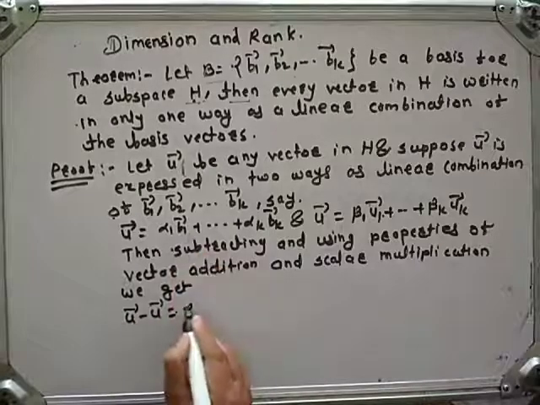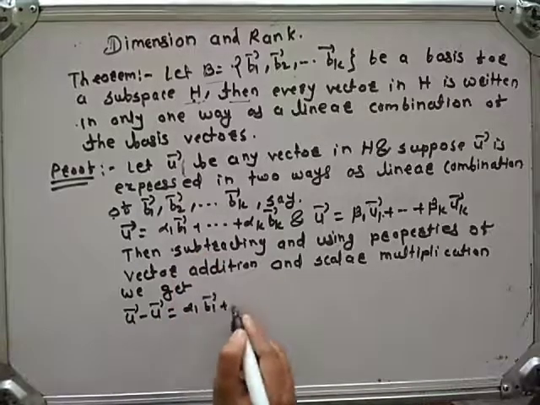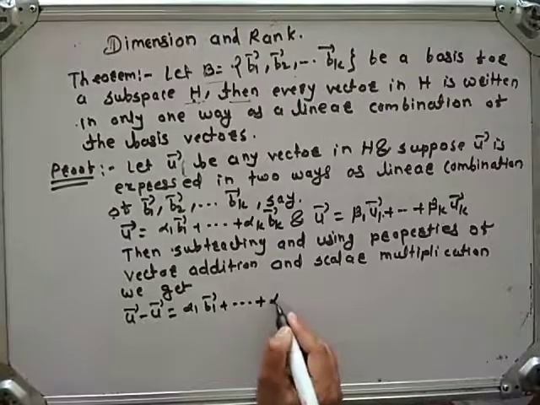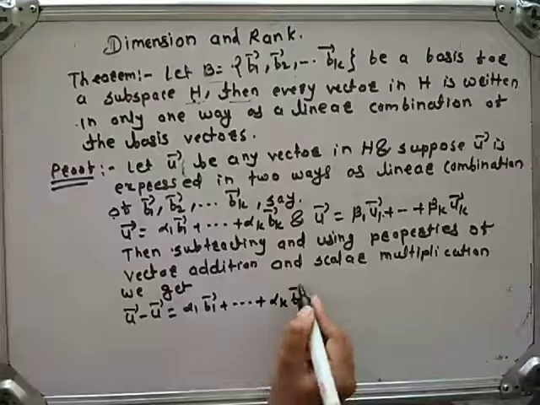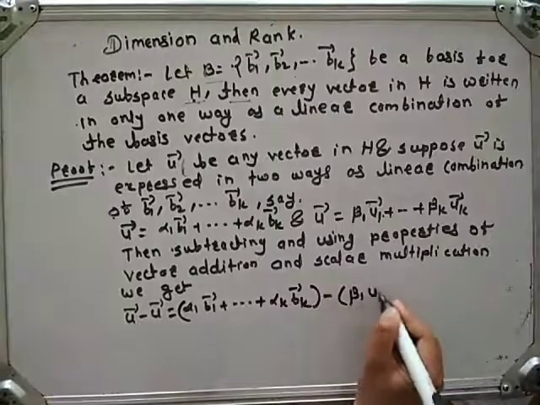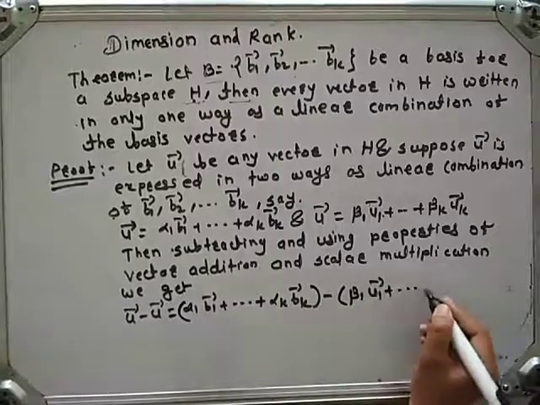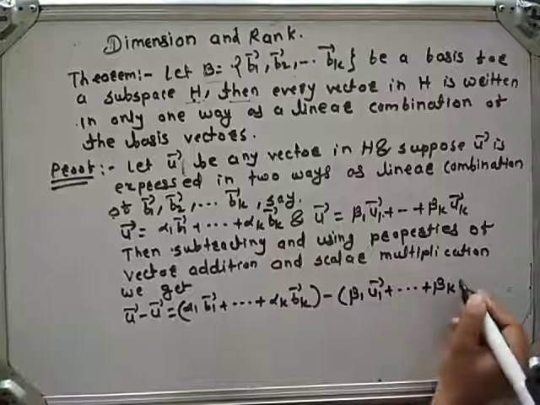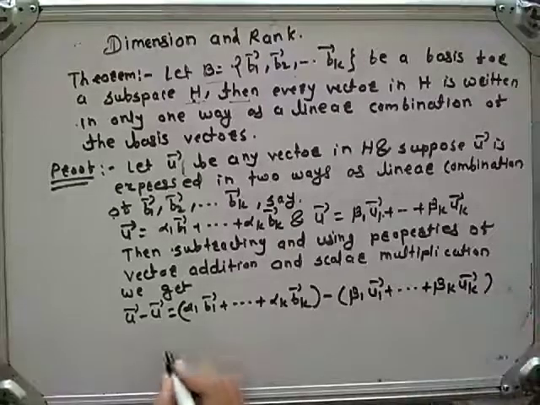Here U bar is alpha 1 into B1 bar plus and so on up to plus alpha k into Bk bar, okay, minus beta 1 into B1 bar plus and so on up to plus beta k into Bk bar. Okay.